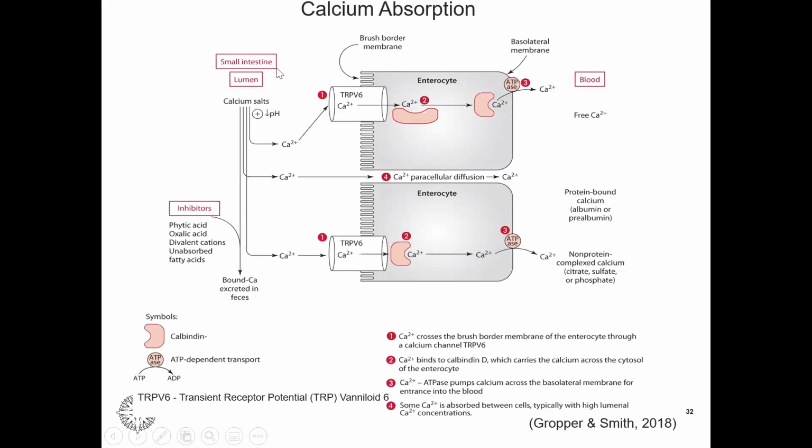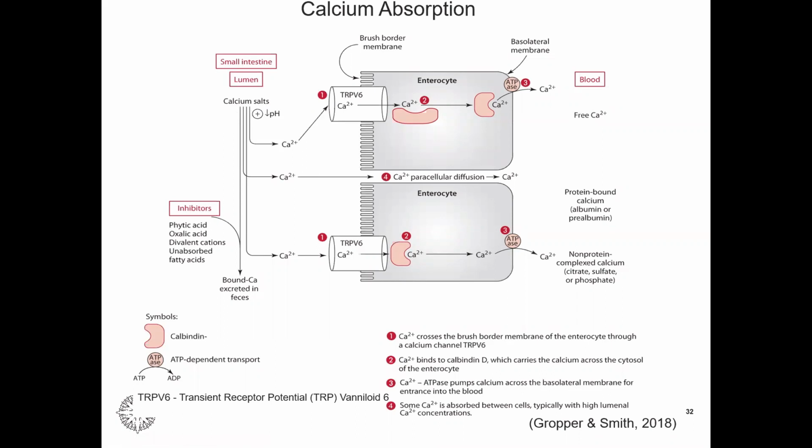So in the small intestine, if I'm consuming food calcium or supplements, low pH is imperative. Why? Because then this calcium 2+ gets separated and is now available for absorption. There are two mechanisms by which calcium can be absorbed.